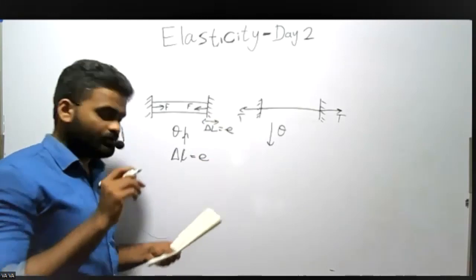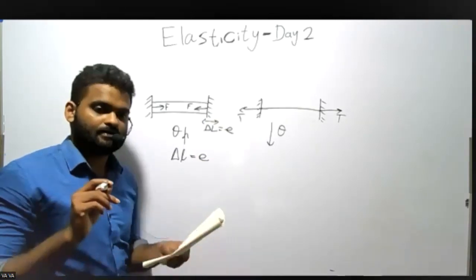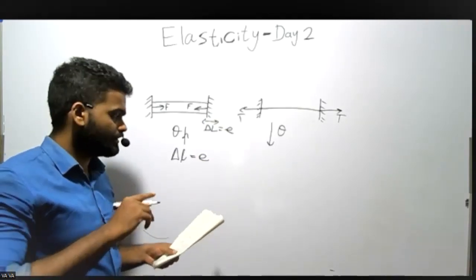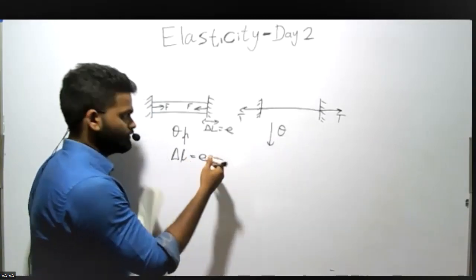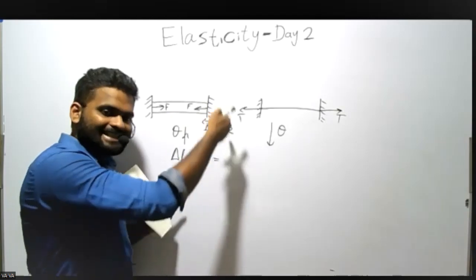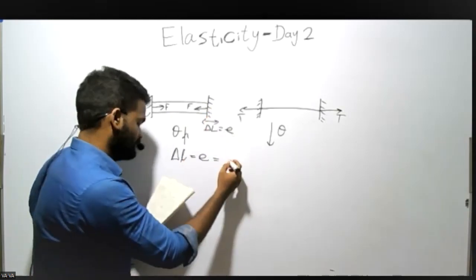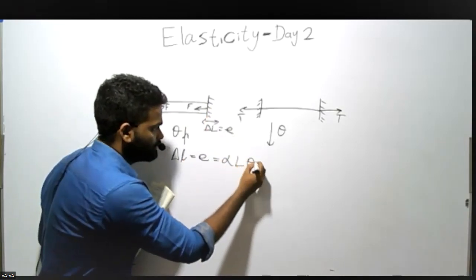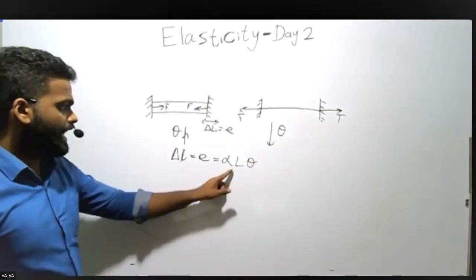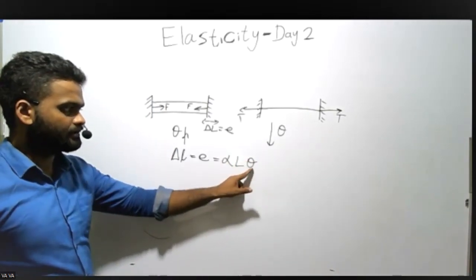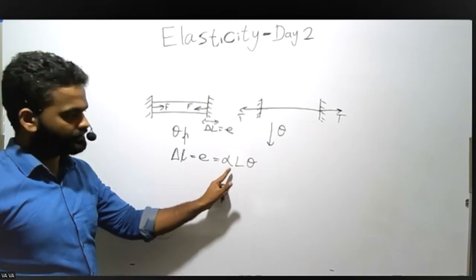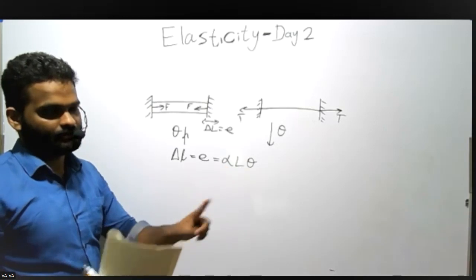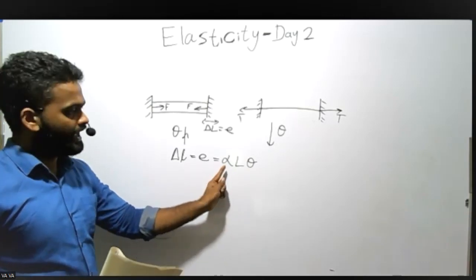So we have this equation in thermal physics. If you haven't learned that, just remember this equation, right? So this extension, when you increase the temperature by theta, you have this equation: alpha, initial length, and increase of temperature. This is just an equation in thermal physics, and you will learn it when you learn expansion.